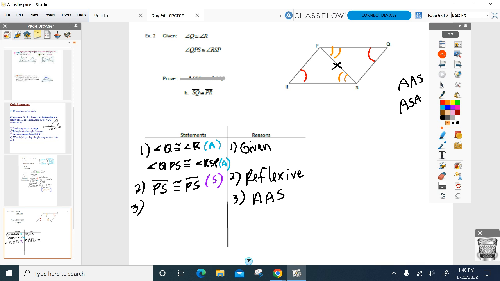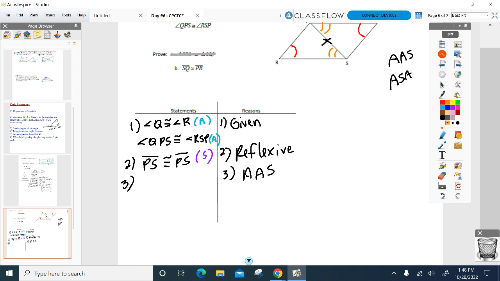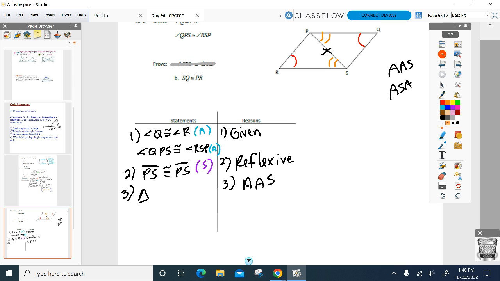And we still need to call this triangle, let's see, I'm going to go RPS for the first one. So if I go RPS, then QSP. RS, SQ, PR.